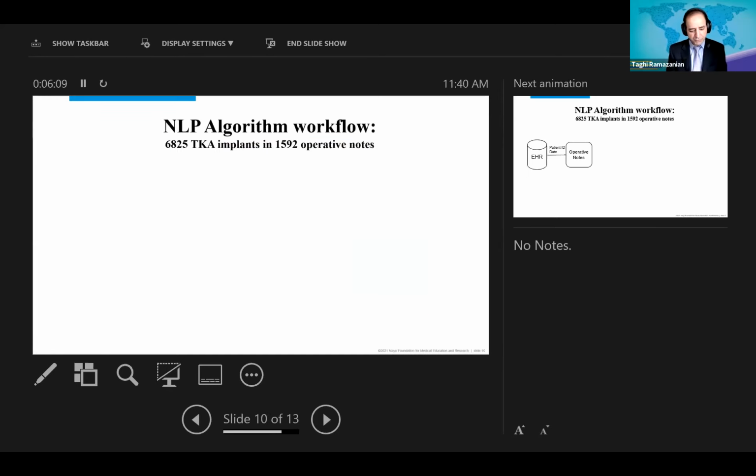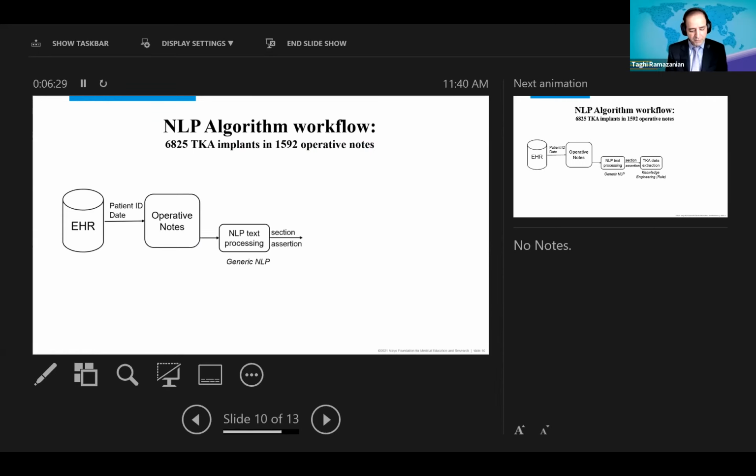Now I'm moving to NLP methods for implant identification. This slide shows the workflow of our NLP algorithms to detect total knee implants in operative notes. First we retrieve operative notes from the EHR.